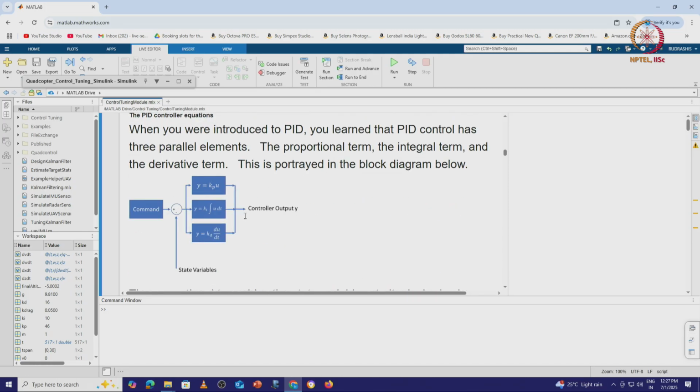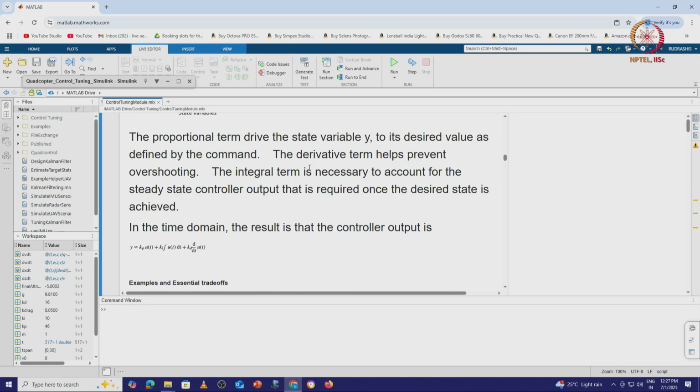You need to understand how the proportional gain influences the control output, how the integral gain influences it, and how the derivative gain influences it. The proportional term helps you get there as quickly as possible, whereas the derivative prevents overshoot or oscillation. The integral term is necessary to make sure that the steady state error is 0.